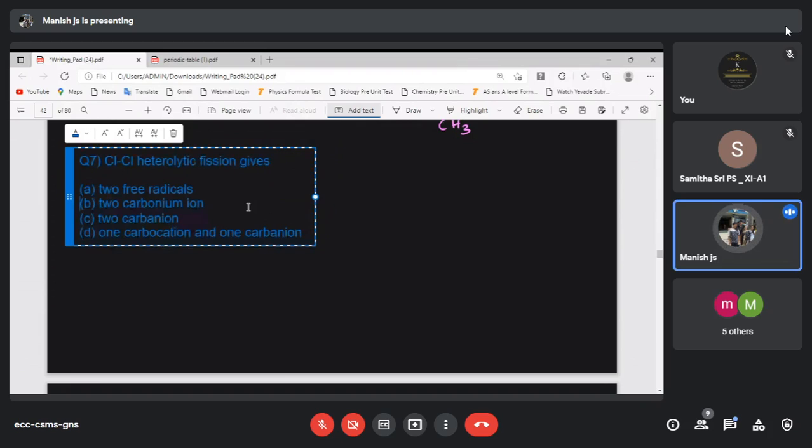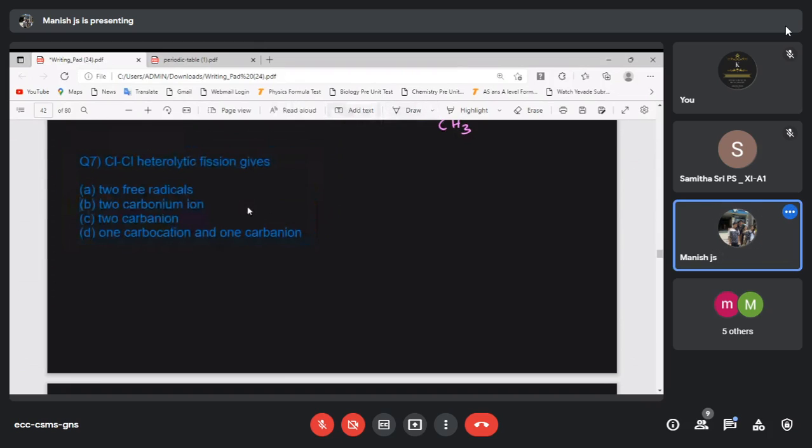What happens during a free radical? Chlorine bond break ஆகும்போது in the presence of UV or sunlight, what will happen? உங்களுக்கு free radicals form ஆகுது. You form 2 chlorine free radicals when they are breaking. So therefore you have 2 free radicals of chlorine. Okay. So what is the answer?